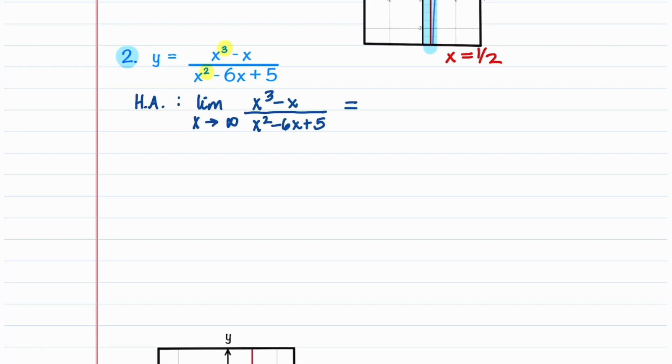On the top, we have infinity cubed minus infinity, and then on the bottom, we have infinity squared minus 6 times infinity plus 5. So what we have on the top is infinity cubed, because that's much bigger than infinity. And then on the bottom, we can write this as infinity squared. That's the highest power.